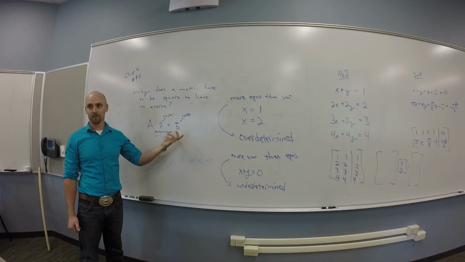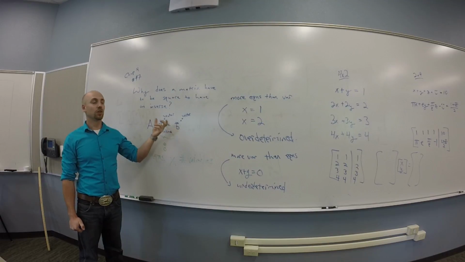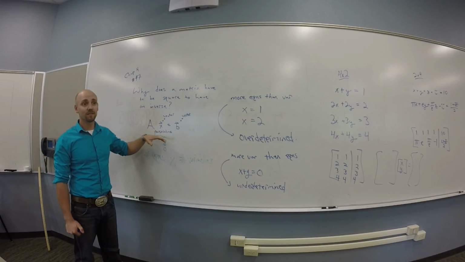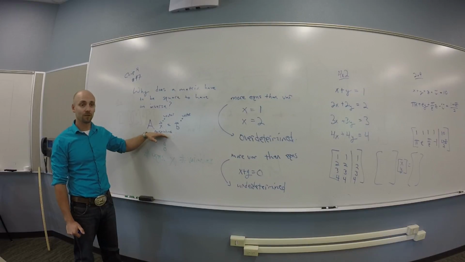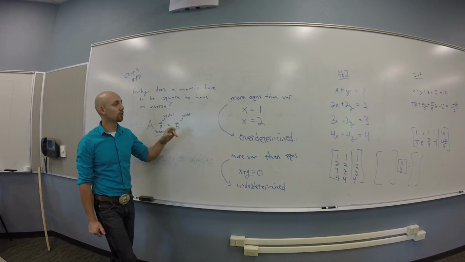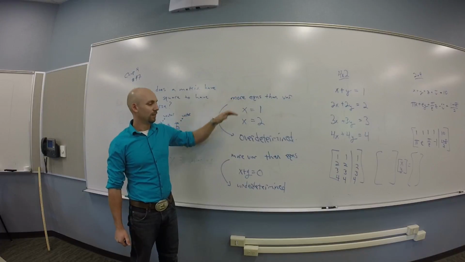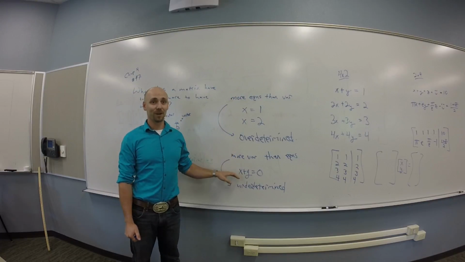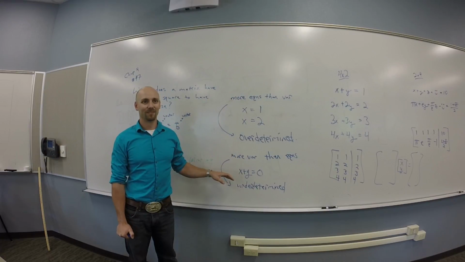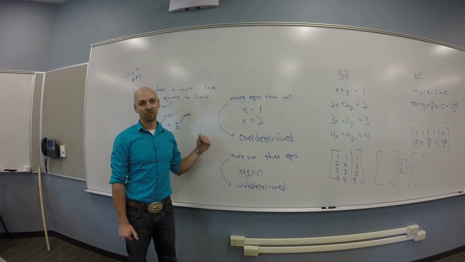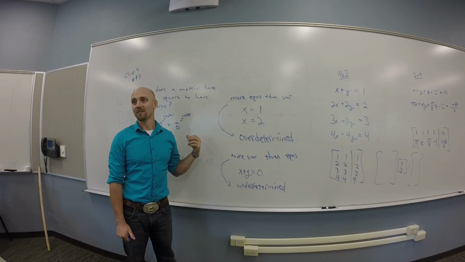You guys see that? So here, invertible really means the same thing as this system has a solution. And this system has a solution only when it's not over or underdetermined. That's a kind of Goldilocks thing, which is really when it's square. You guys see that?